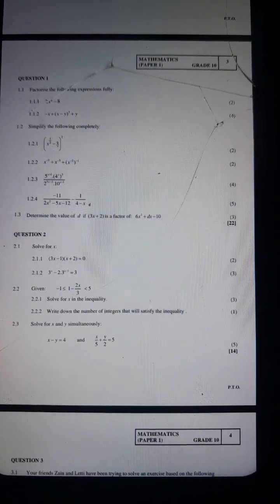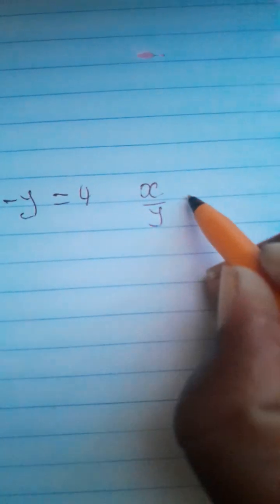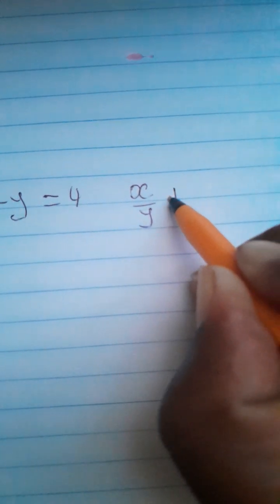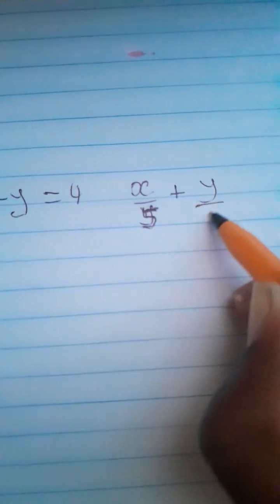Let's put that into practice. 2.3, guys, remember, you are given x minus y, which is equal to 4. And then x divided by 5, as well as y divided by 2, which is equal to 5.